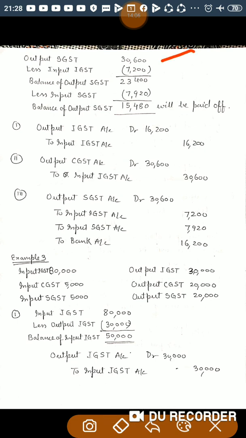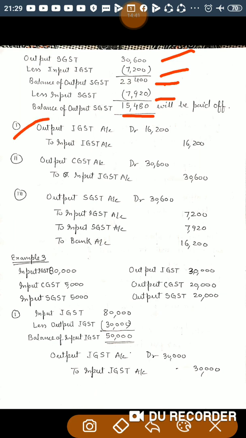First we deduct the input IGST 7,200, and the balance remaining in output SGST is 23,400, and out of this balance we can also write off input SGST, which we have seen is 7,920. After deducting this input SGST, the balance remaining in output SGST is 15,480, and this 15,480 will be paid off.